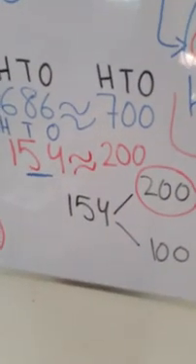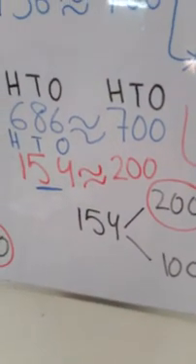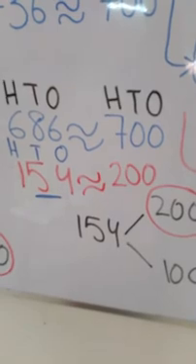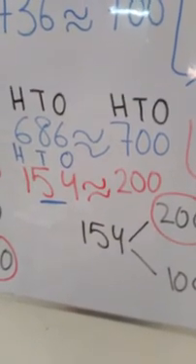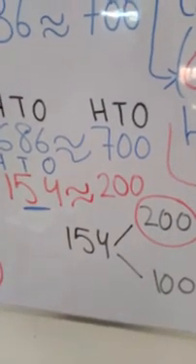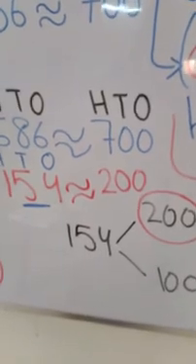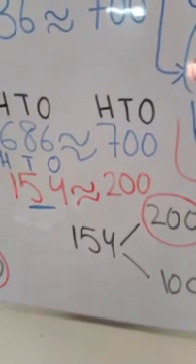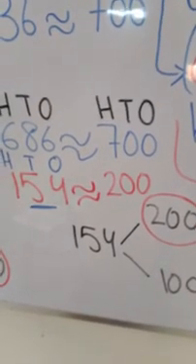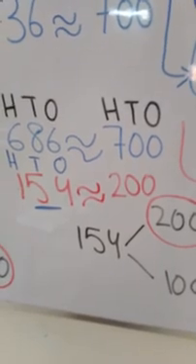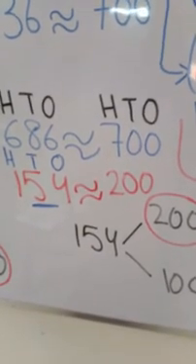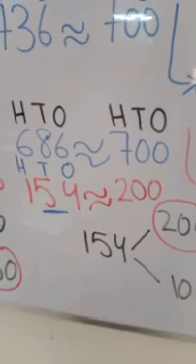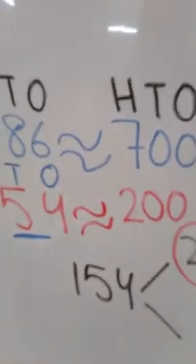Its round off is 200 because in tens and ones place the number is 54 and 54 is higher 100. So in the round off we have to jump high. So the 154 nearest 100 is 200, or 154 is approximately equal to 200, or 154 rounding off is 200. And this symbol means rounding off or approximately equals to.